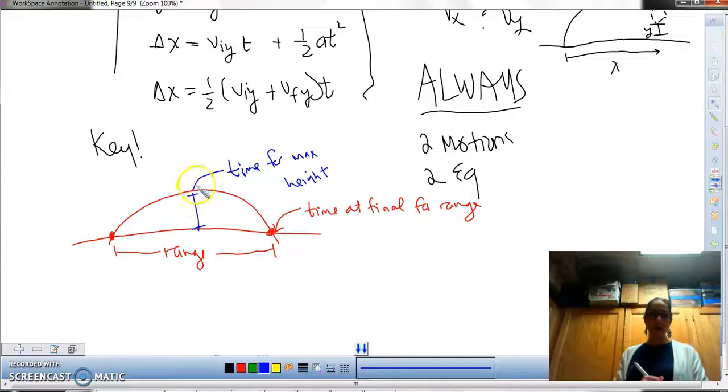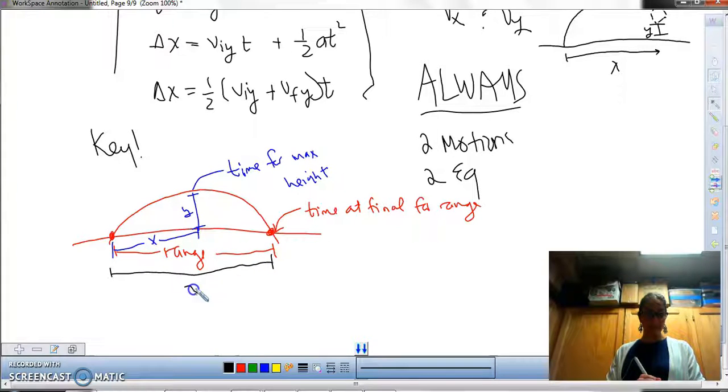So although time is the same in x and y, notice that if I found the time at this location, it will give me this x and this y at the max height. But if I use the time over here, it's going to give me this distance and this height. And if you notice, at max time, it returns to where it started.